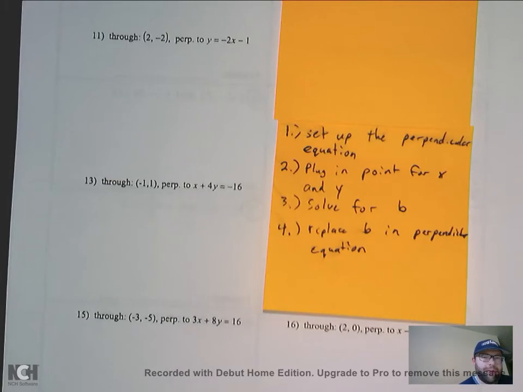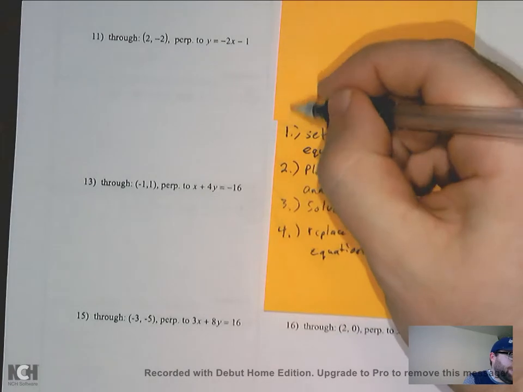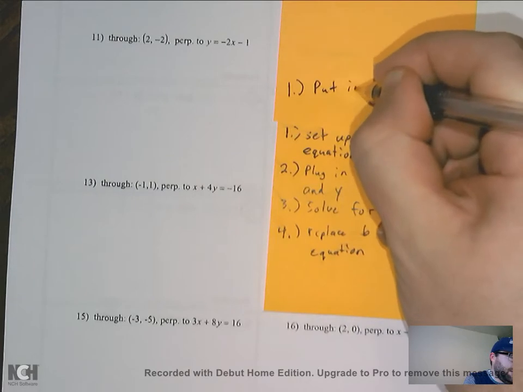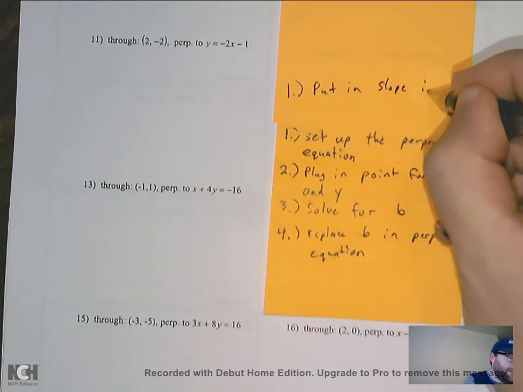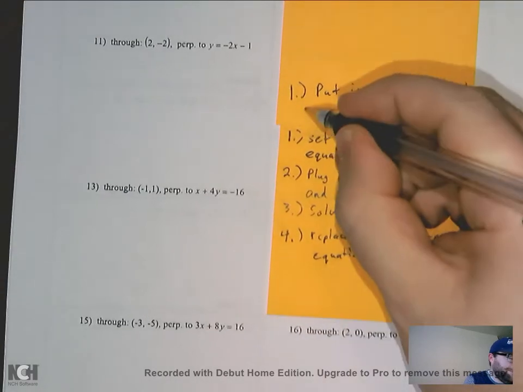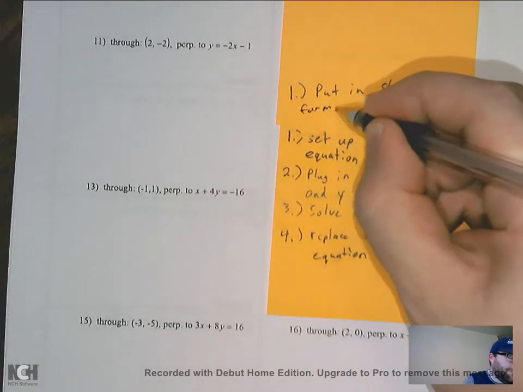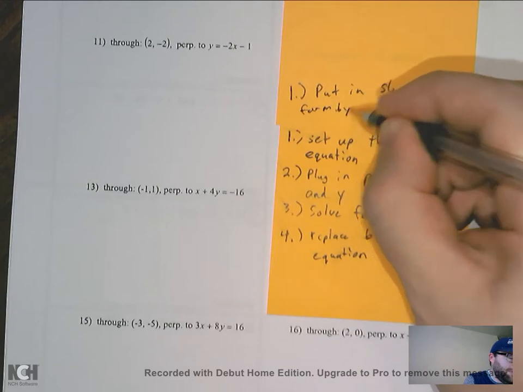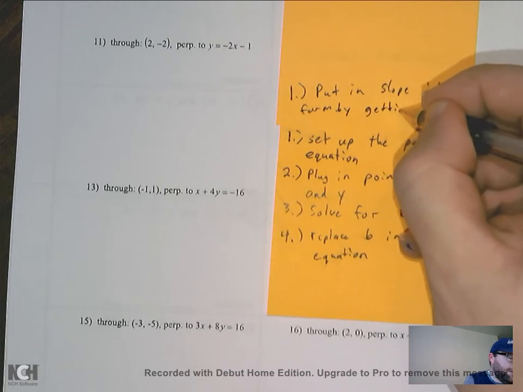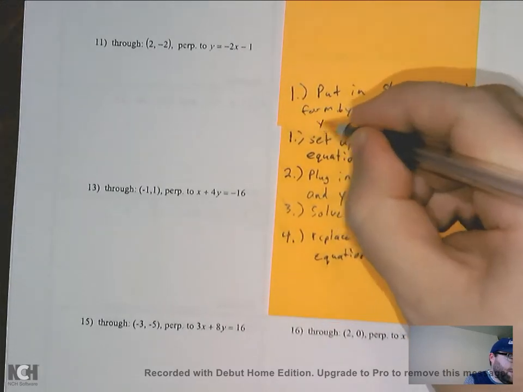Day 2, we're going to have to actually put our equation in slope-intercept form. So that's going to be my first step. I'm going to write up here, put in slope-intercept form, by getting the y all by itself.